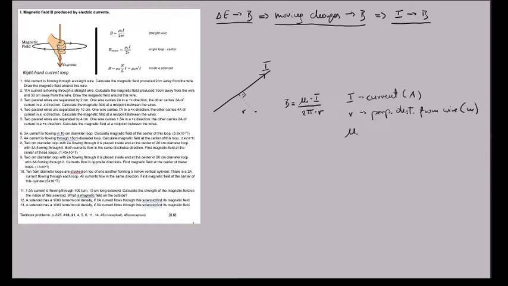Mu naught is a constant, and this is 4 pi times 10 to the minus 7th, units are Teslas times meters over amps. B is the magnetic field, and it has units of Teslas, or just T.